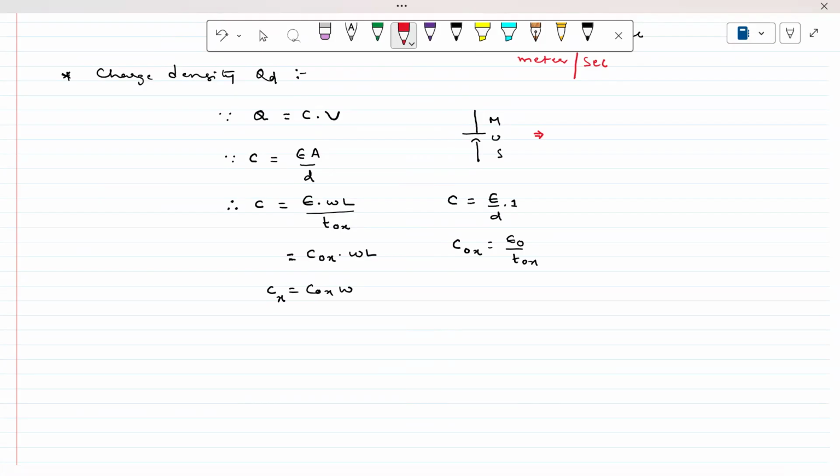It is nothing but the potential difference between the top plate and bottom plate, am I right? The charge at the bottom plate is because of what? The VGS value.